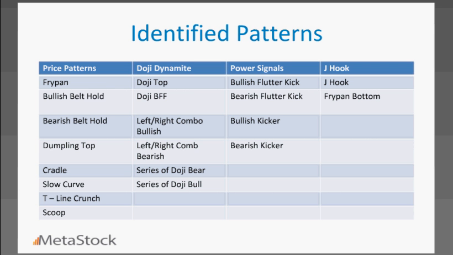First of all, this is a product we're extremely proud of. This is the patterns and how we decided to organize the patterns that we identified in this candle pattern expert. I'm going to show you how this works, but here's basically what we're identifying. We're doing the fry pan, the belt hold, the dumpling tops, the doji BFF, the left-right combo bullish.